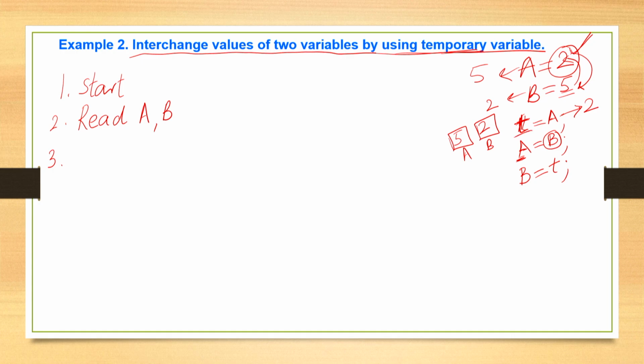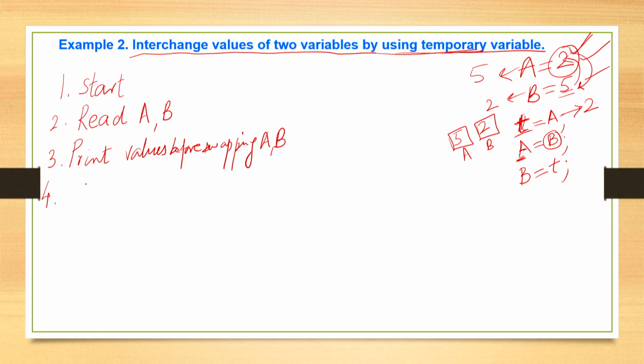Before doing that, first print what value is stored in A and B. So print value before swapping. Obviously it will print A is equal to 2 and B is equal to 5.